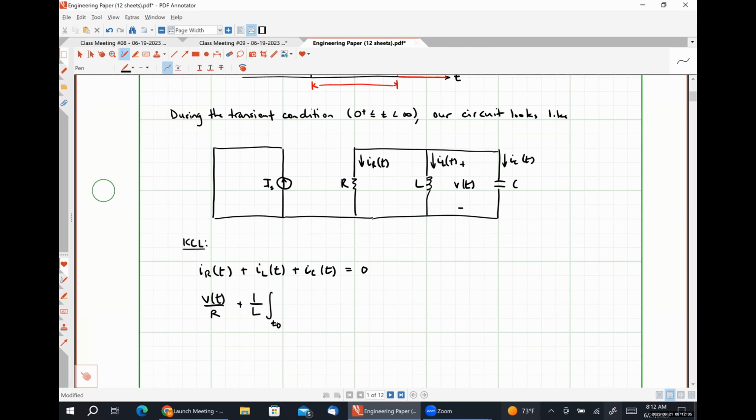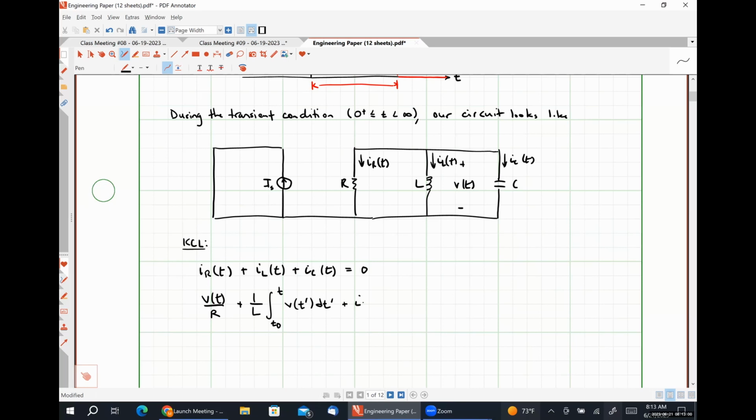I'm just going to write generally t naught here, of V of t prime dt prime, where this t prime is a dummy variable representing time because I have t without the prime notation in the limits of my integration. So this is just for mathematical correctness, not anything fancy.